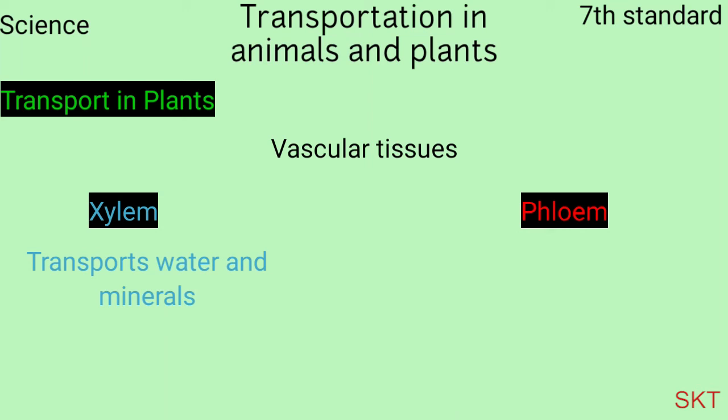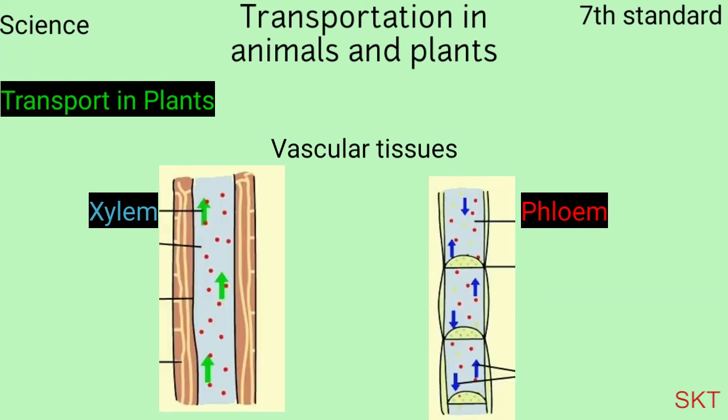And the second one is phloem. The food has to be transported to all parts of the plant, and this is done by another vascular tissue, that is phloem. So understand this: the water and nutrients are transported through xylem and the food is transported through phloem. Thus xylem and phloem transport substances in plants.